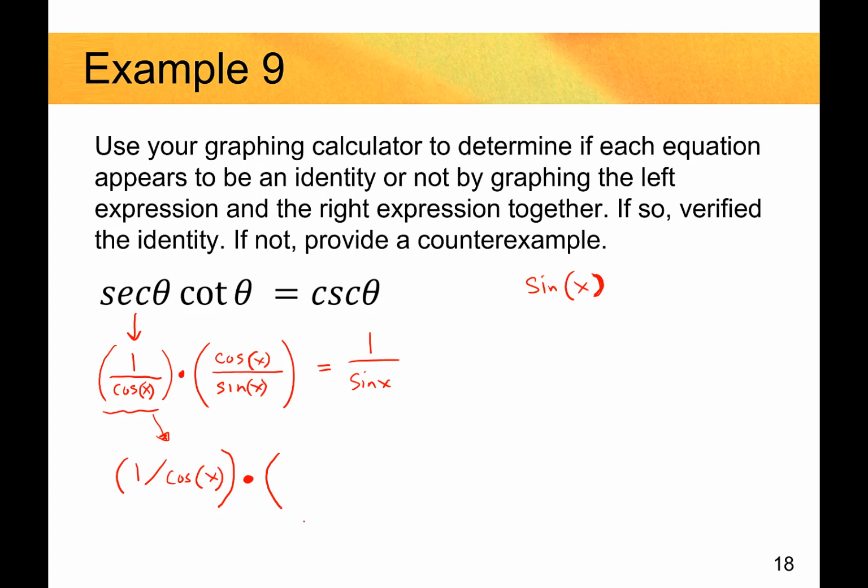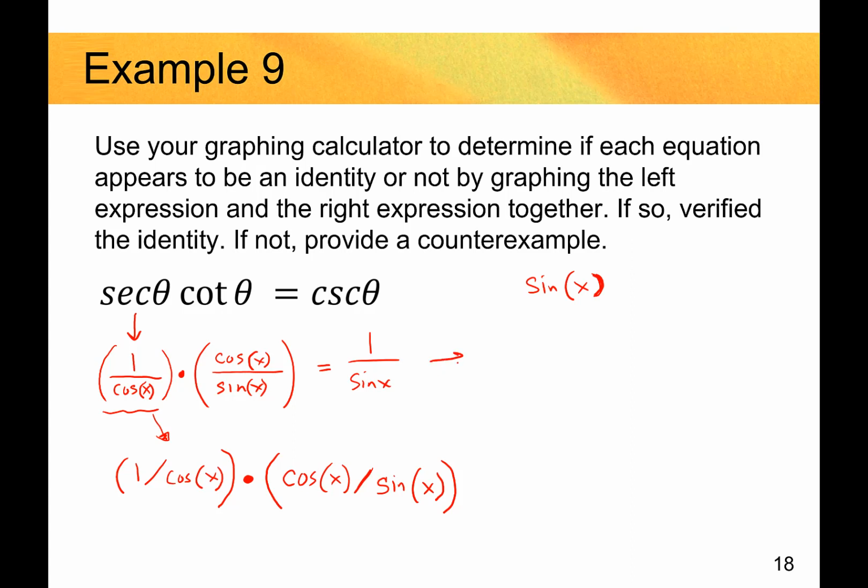Here it is. This would be cosine. So open up another parenthesis, cosine, close off the cosine, then divide it by, open up sine, opens up another parenthesis, get an x in there, close off the sine, then close off the second term. Okay, that's the way you would do that.